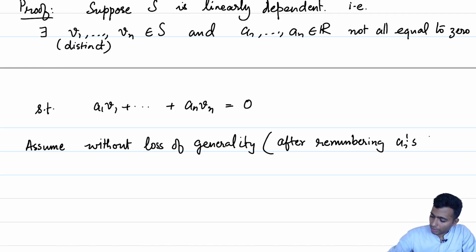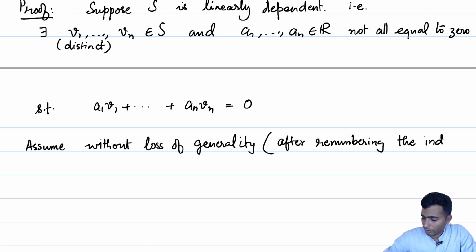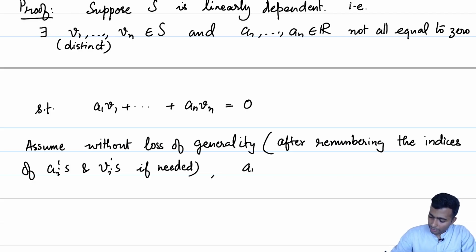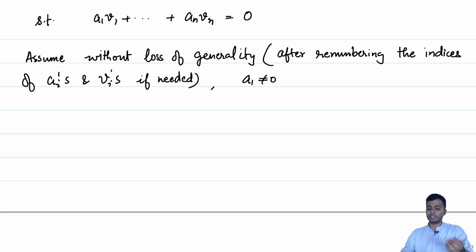Renumbering the indices of ai's and vi's, if needed. It might not be needed at all. After all, one of them might have been non-zero, right? Suppose aj was not 0, then let us call aj to be a1 and a1 to be aj. Similarly, v1 to be vj and vj to be v1. After renumbering, assume that a1 is not equal to 0.